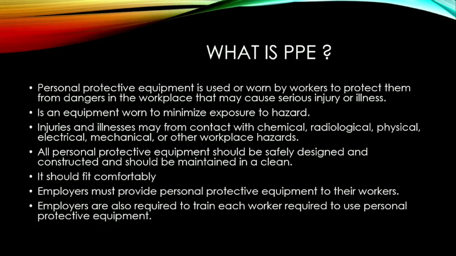Injuries and illness may come from contact with chemical, radiological, physical, electrical, mechanical, or other workplace hazards. All personal protective equipment should be safely designed and constructed and should be maintained in a clean condition. It should fit comfortably.